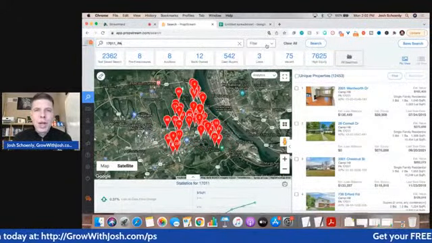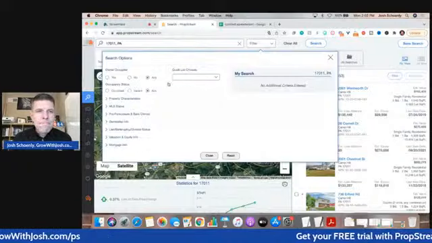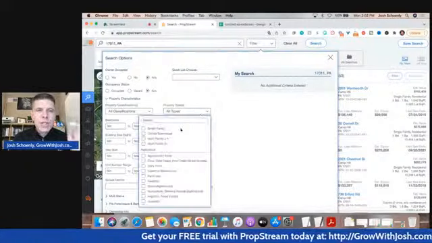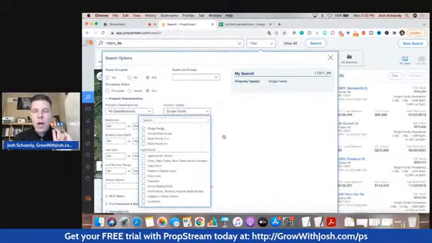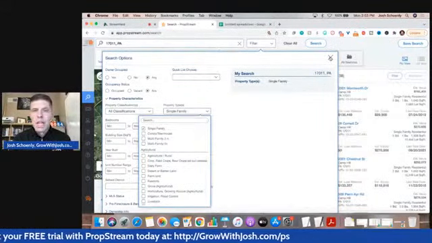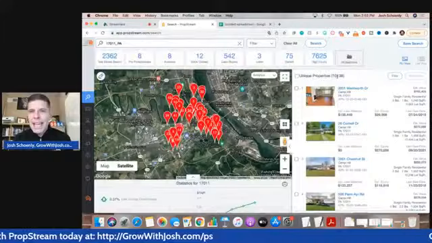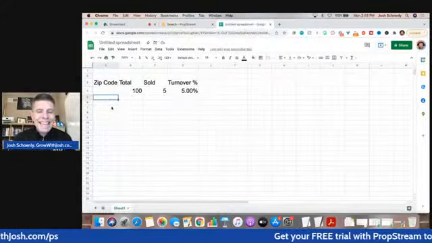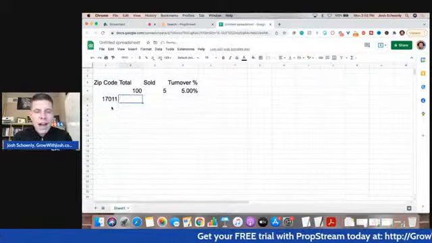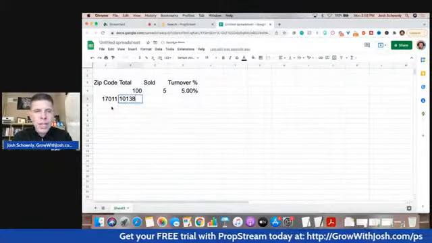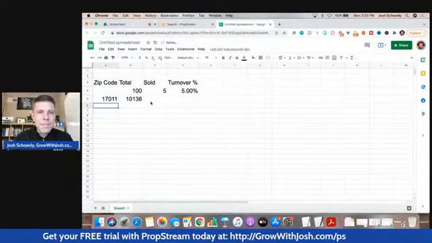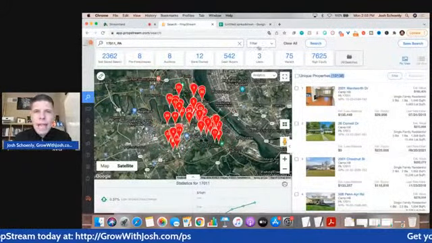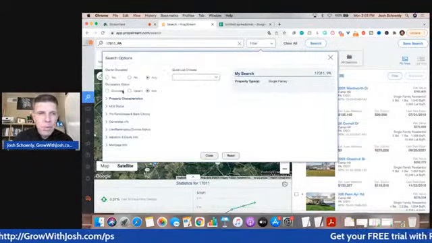The first thing I'm going to do is go to filter and choose property characteristics. I'm going to do this just for single family homes. When I choose single family homes in Camp Hill, I get 10,138. I made a little handy dandy spreadsheet here, so I'm going to enter that number in, and then go back to PropStream and filter by one simple thing.